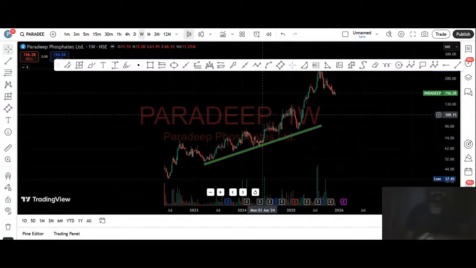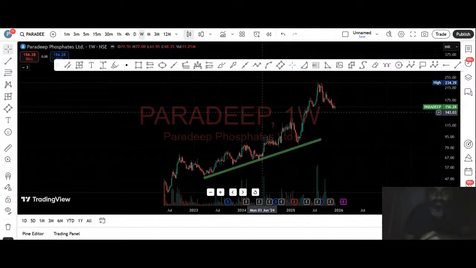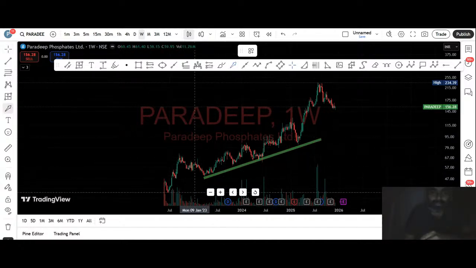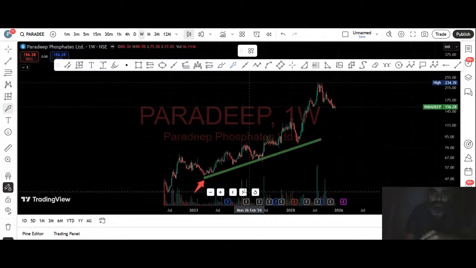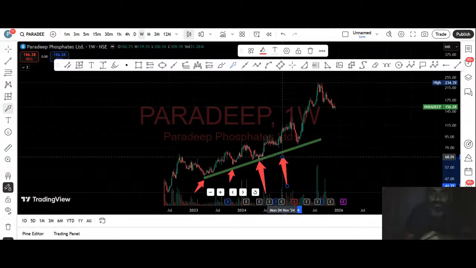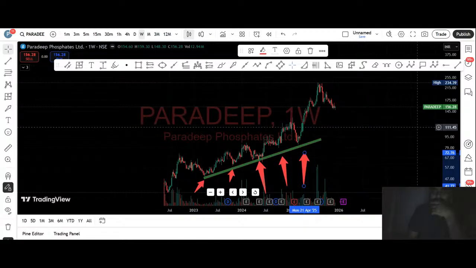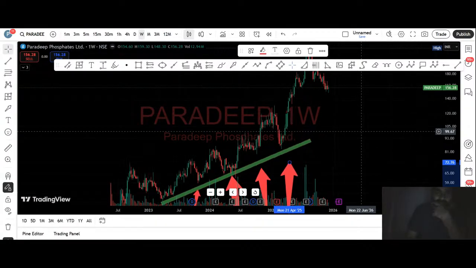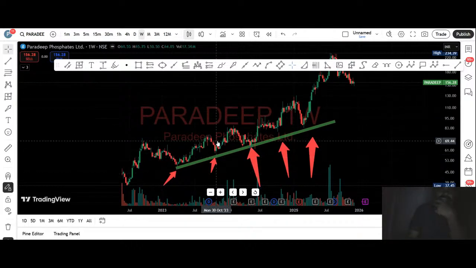This is an example of demand increasing, right? See, whenever the price comes to this point, there is demand increasing. Along with this, see here, demand is increasing, but supply is also decreasing, right?